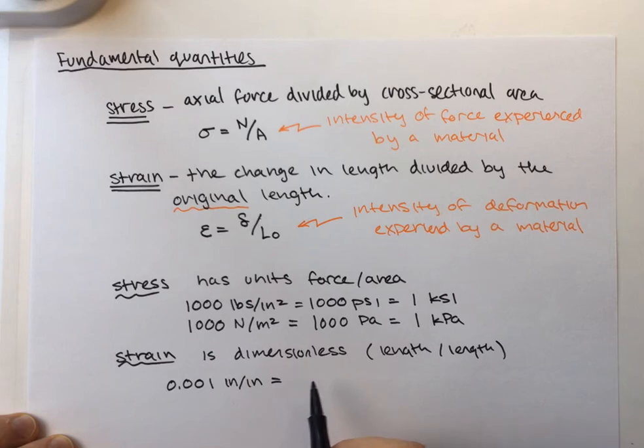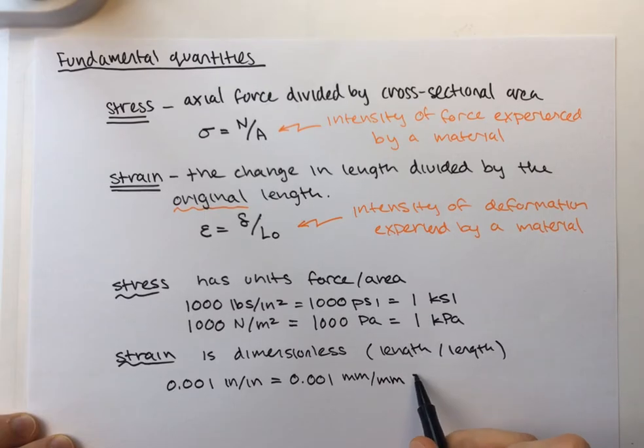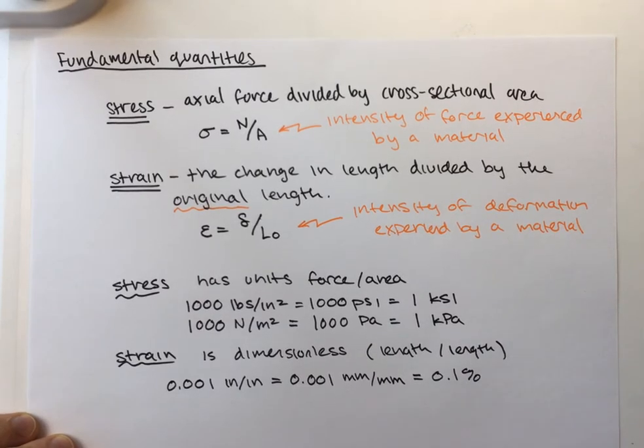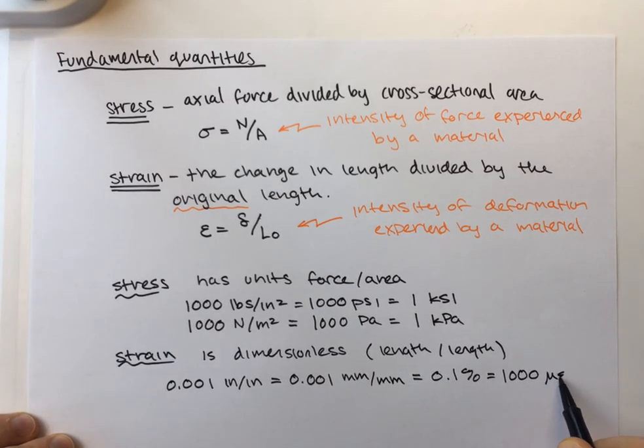And that is going to be equal to 0.001 millimeters per millimeter. And you could use it in terms of percent. So we'd have 0.1% elongation, perhaps. And the other unit we might use, and you might see sometimes, is that would also be equal to 1,000 microstrain. So that micro means that this is 1,000 times 10 to the negative 6th strain.